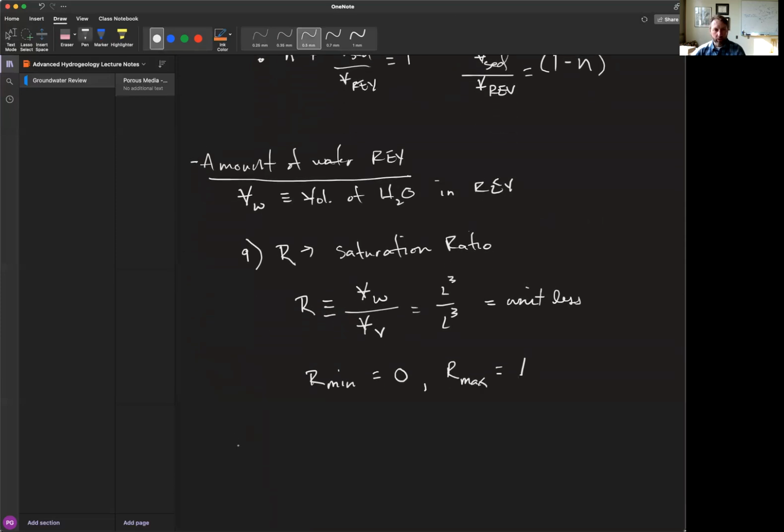Another way we might measure the amount of water in our porous media if it's not fully saturated. When we say fully saturated, we mean that all the pore space is full of water. Our saturation ratio is equal to 1. If we are interested in the amount of water in our porous media and we're not fully saturated, we often use the volumetric water content.